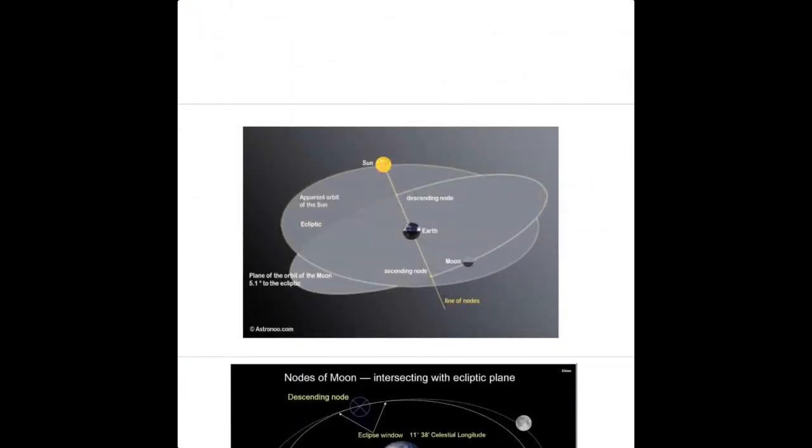You have the Earth and the sun's apparent orbit around the Earth on the ecliptic. When the path of the moon passes the plane of the ecliptic, then Earth, sun, and moon are perfectly aligned. This is the ascending node, the moon going from south to north, and this is the descending node, where the moon is going from north to south.